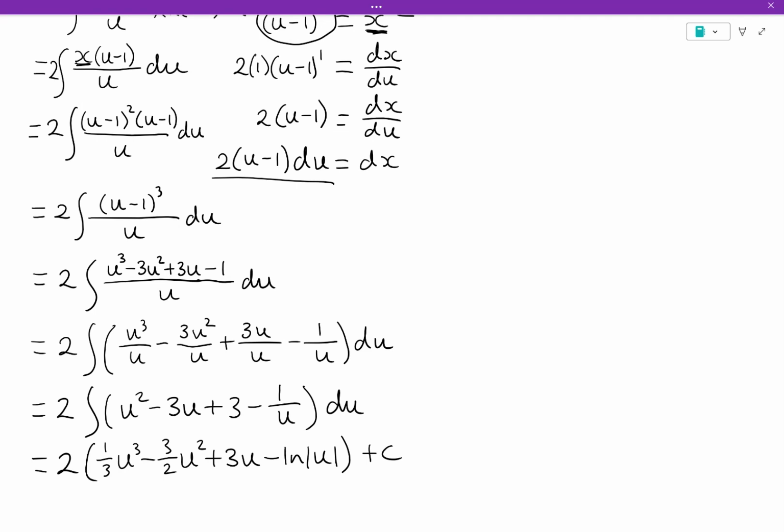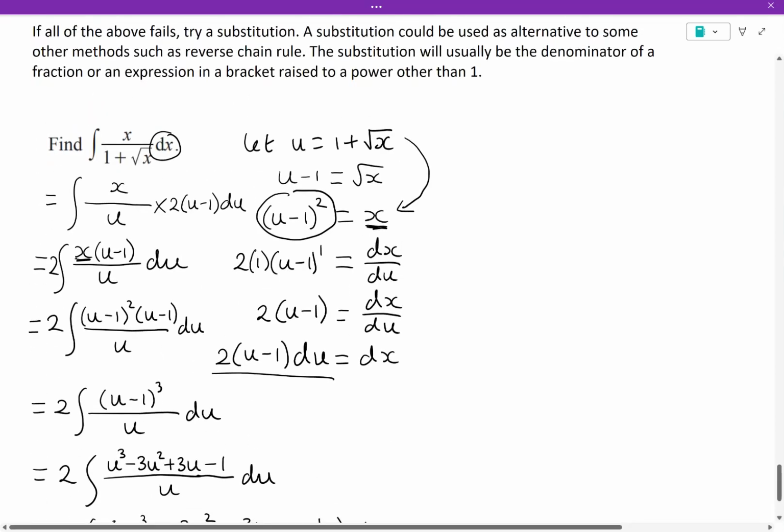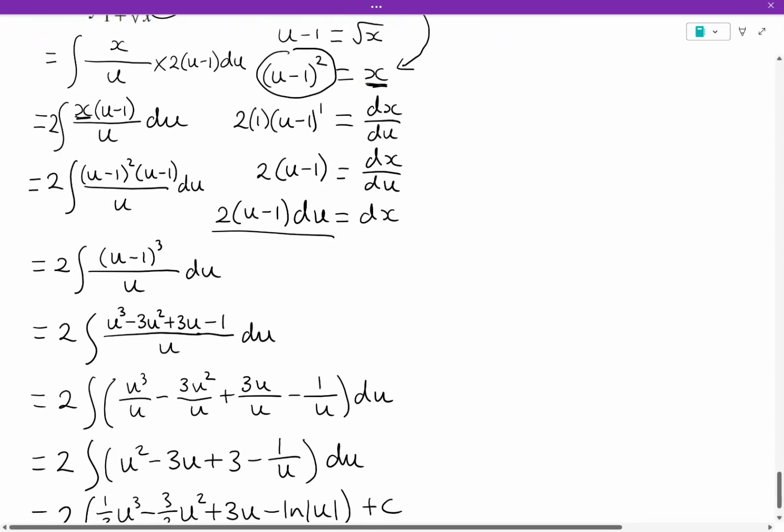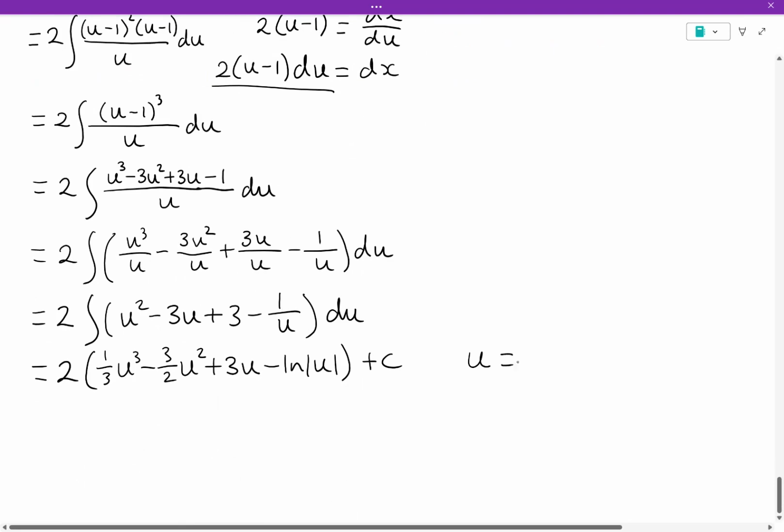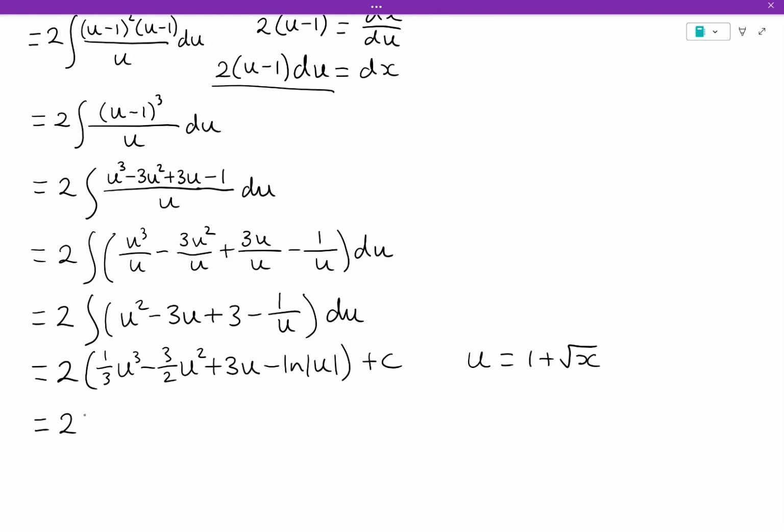But that would not be my final answer, because despite all the hard work I've done, I still need to reverse my substitution, because this is in u, but my initial integral is in x. So I'll write our substitution back down here. It's u is equal to 1 plus root x. So what I'm going to go through and do is replace all of those u's with the 1 plus root x.